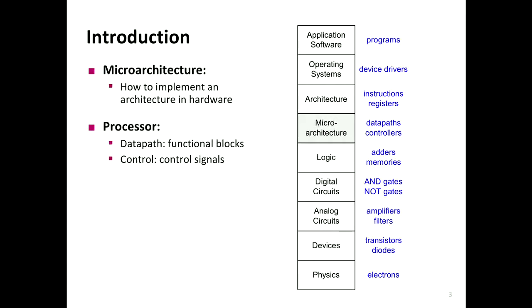So basically what we are going to see is the microarchitecture part. We jumped last week to the architecture, which is, as I said, a bunch of instructions that is available to the programmers to use, along with a bunch of registers which hold what we call the architectural state of the system.